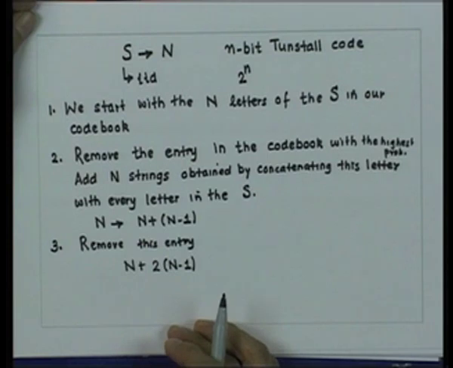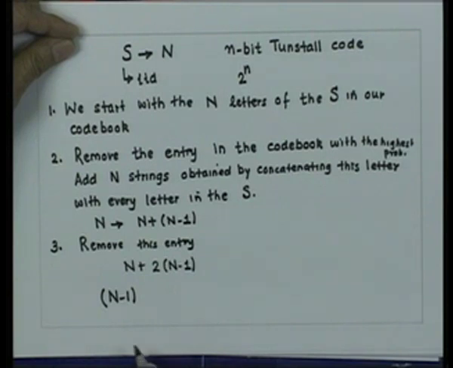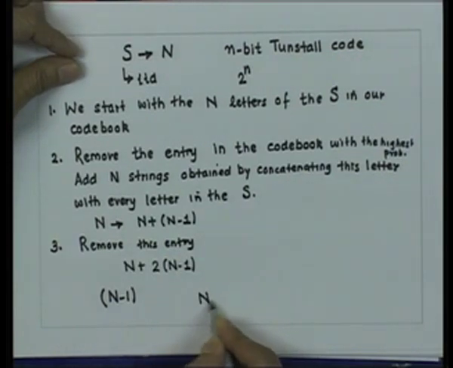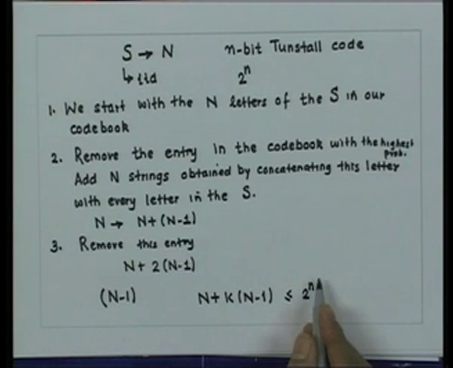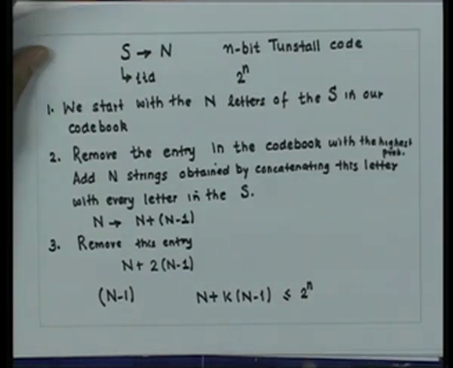So, each time we perform this operation, we increase the size of the code book by n minus 1. Therefore, this operation can be performed k times, where n plus k times n minus 1 should be less than or equal to 2 raised to n, which is the number of code words which we can form out of n bits.